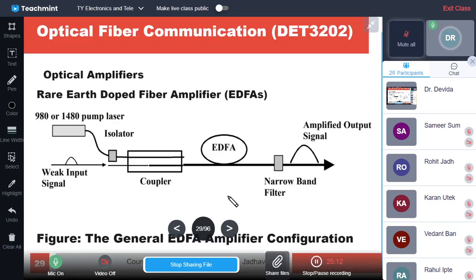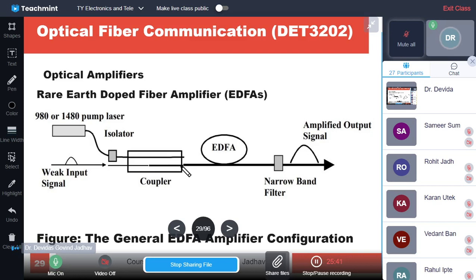So this is the block diagram for the general EDFA amplifier configuration. In this configuration, you can see the weak signal input, a very small pulse amplitude, is inputted from this fiber, and this fiber is connected to the system which has the EDFA, that is the erbium doped fiber amplifier.